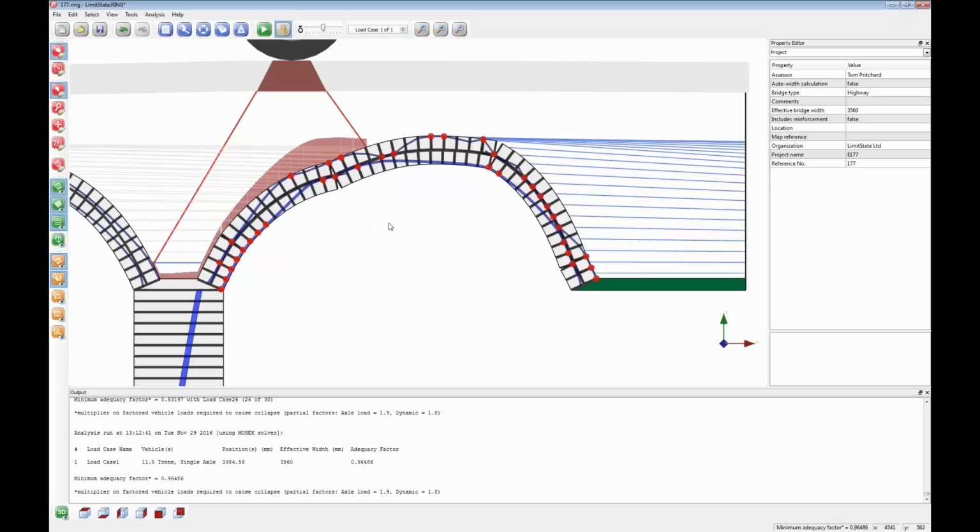So we try to effectively mobilize only a proportion of the full passive pressure when we're doing an arch analysis.